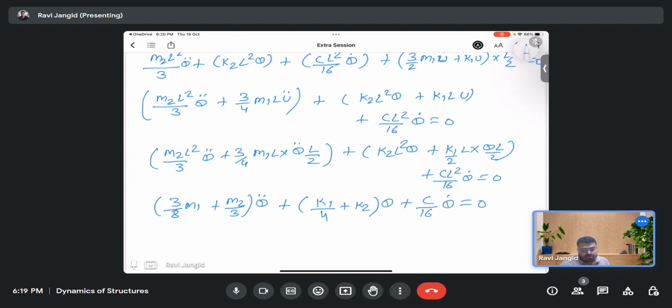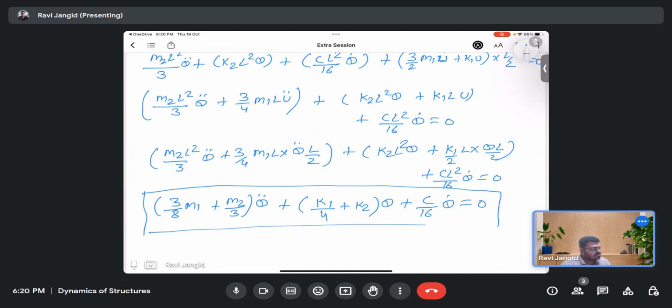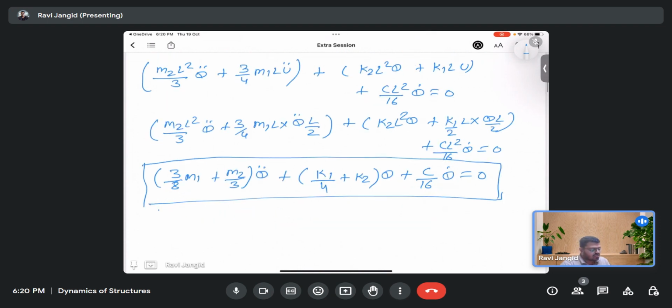So this is our final equation, this is our equation of motion.